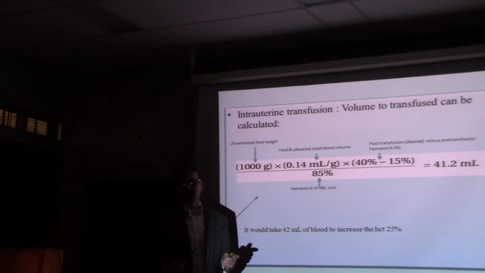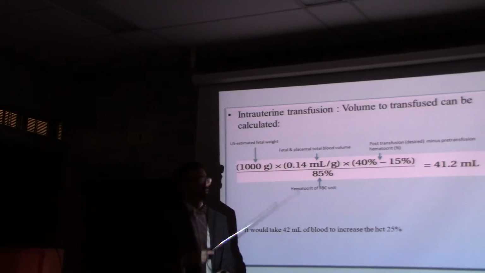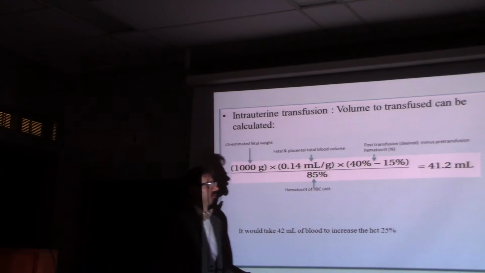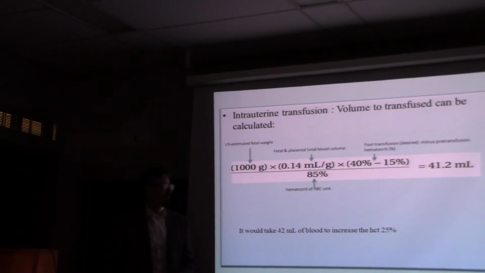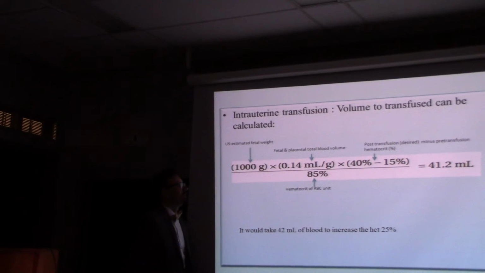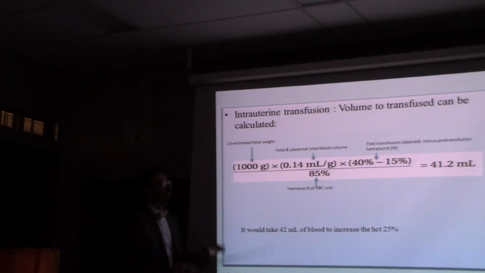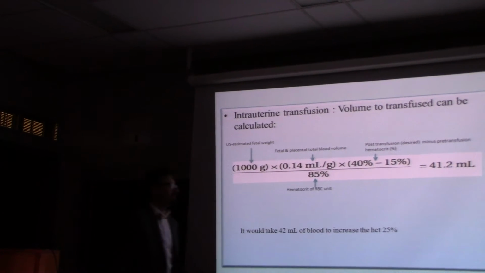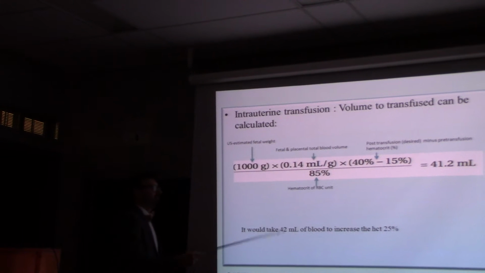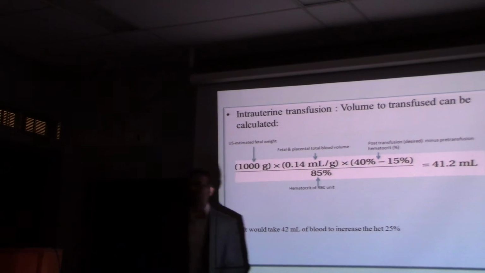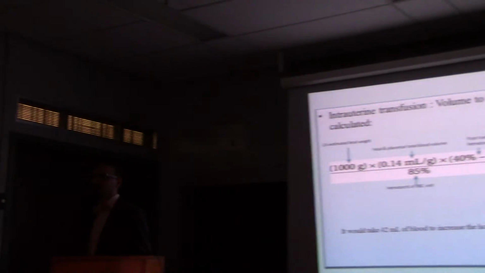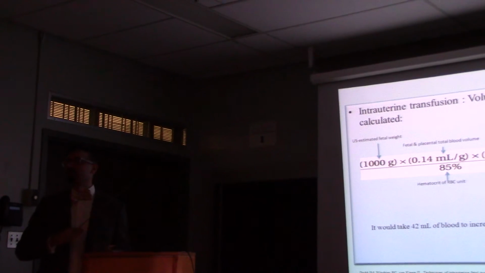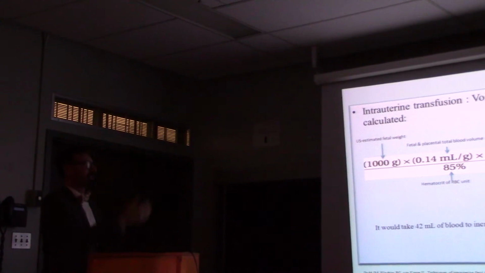Then you take the desired hematocrit minus your hematocrit now, in percent, and divide by the hematocrit of the red cell unit, 85. What this tells you is that you need 42 mL to be transfused to raise the hematocrit 25%. Make sense? A lot of this information you would have to seek, or someone else could calculate it for you.